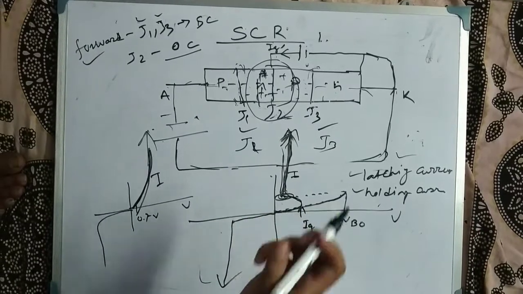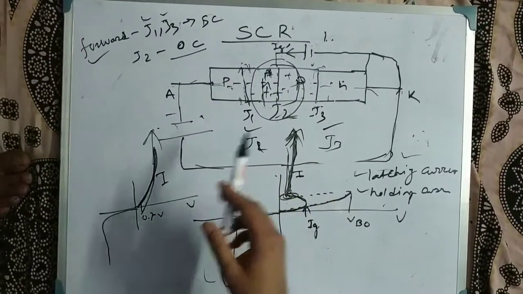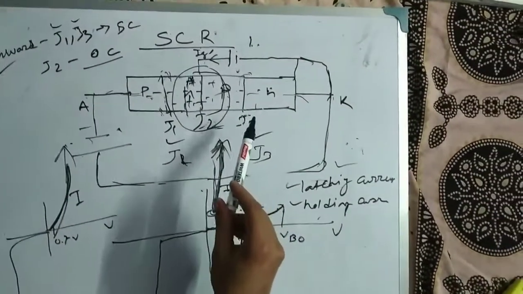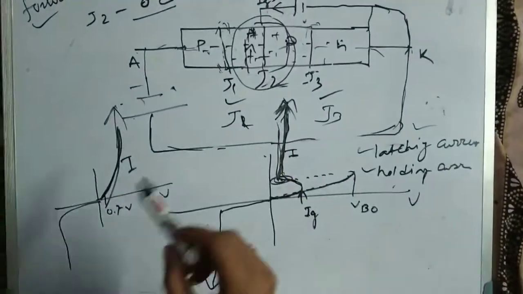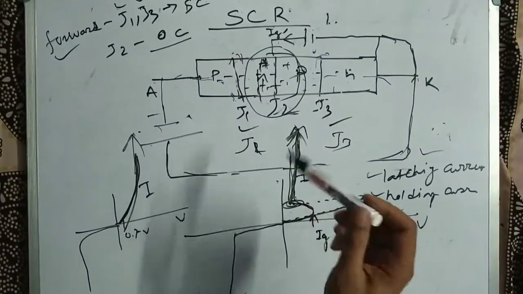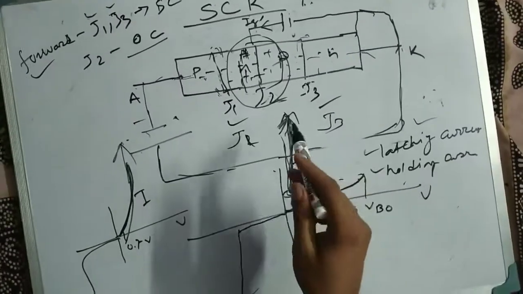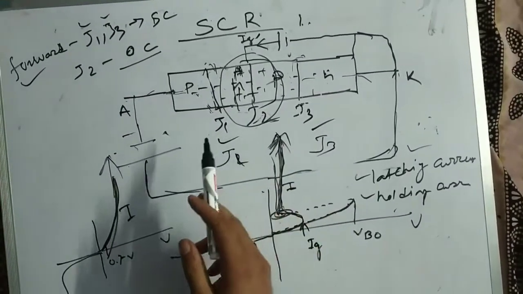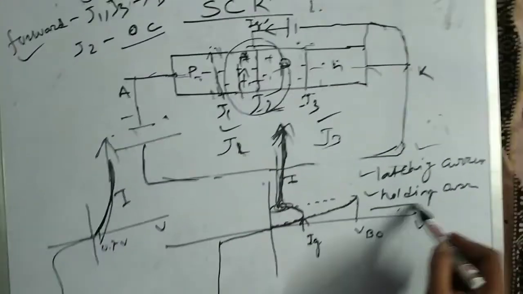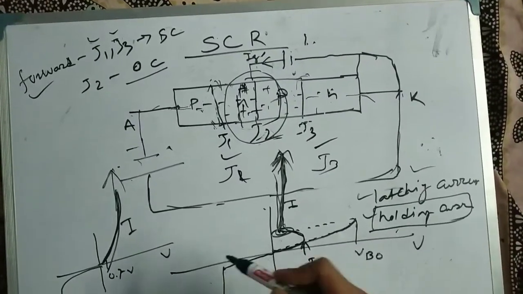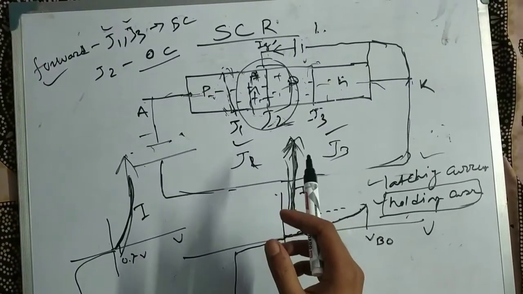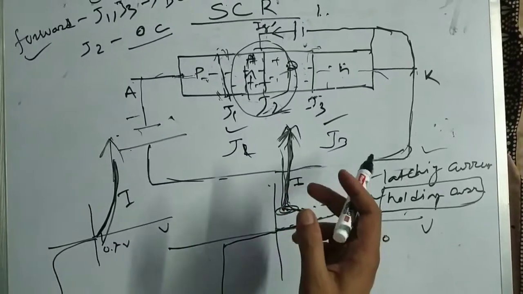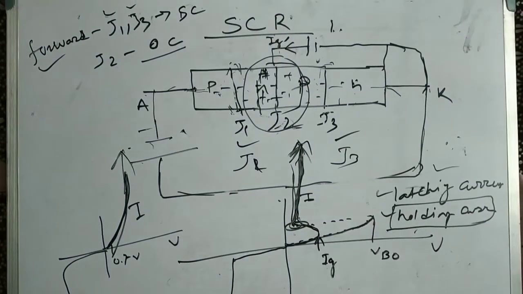Now we have seen that we have control to start this SCR, but we don't have control to stop it. To stop this SCR, we have to bring the anode current below the holding current. So how can we decrease this anode current below the holding current?